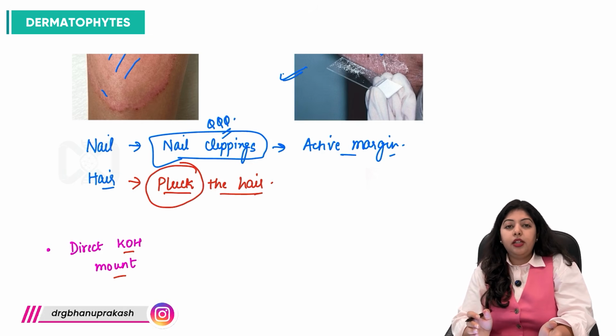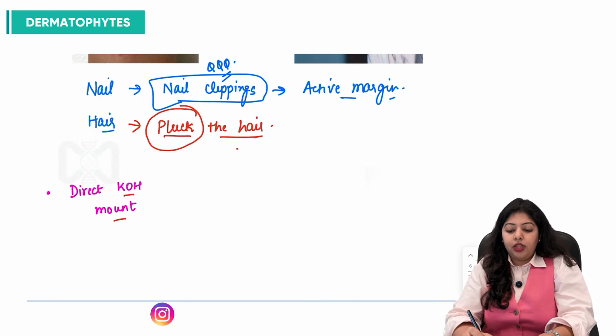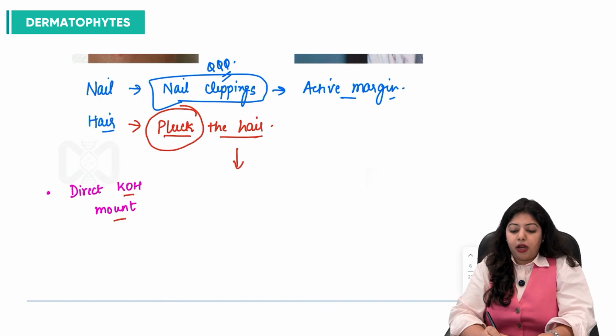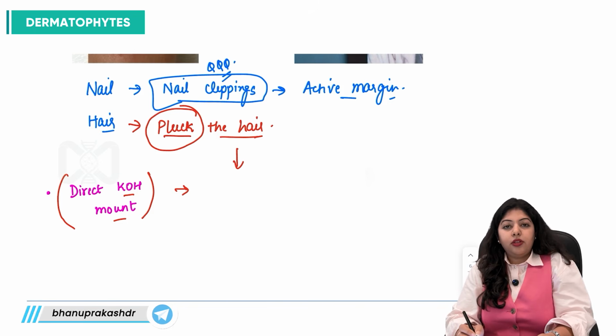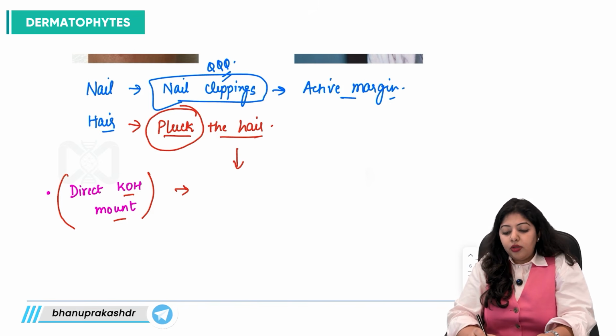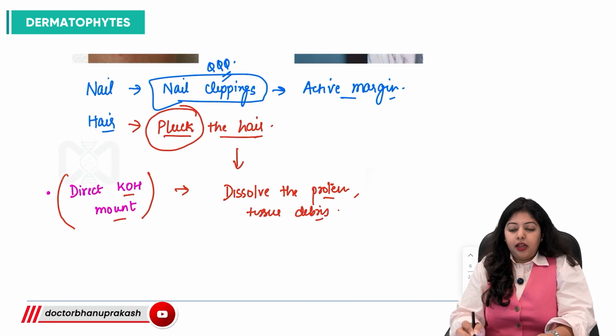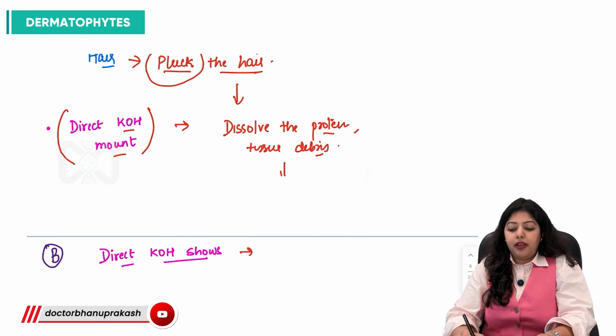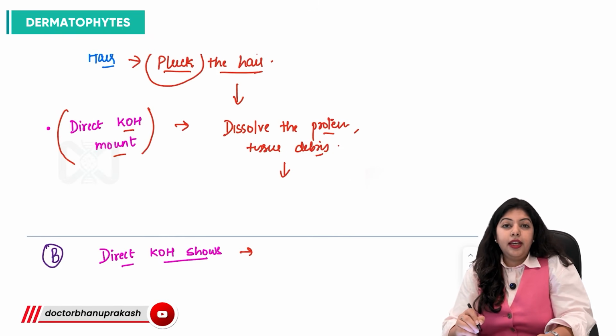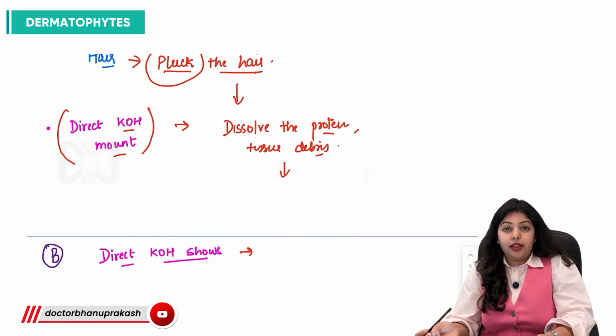So after we get these samples, what we need to do? We first need to prepare a KOH mount, direct KOH mount. So what is this potassium hydroxide doing? This KOH is going to dissolve the proteins as well as the tissue debris, right? And after dissolution, it would be very easy for us to identify the type of dermatophyte, right?